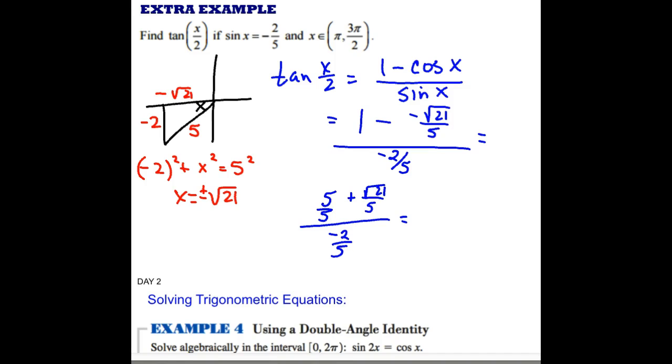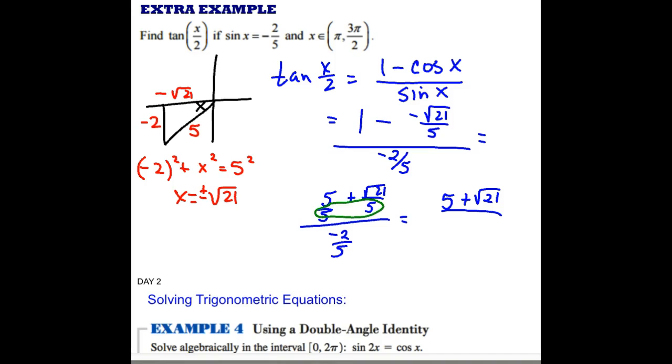What does that simplify down to? All over... look at it carefully. We've got 5s here, right?